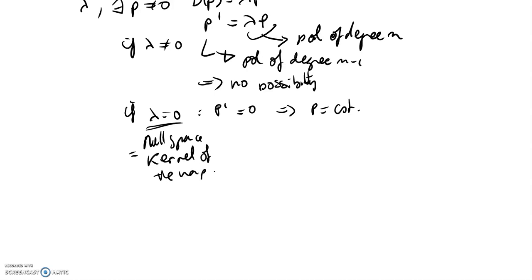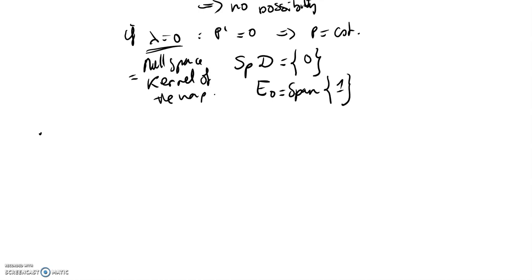So if the map has a non-zero kernel, it means that it has eigenvalue equal to 0. So the spectrum of D in that case is just the 0 eigenvalue, and the eigenspace associated to that 0 eigenvalue is spanned by any constant, so spanned by the polynomial 1, for instance.